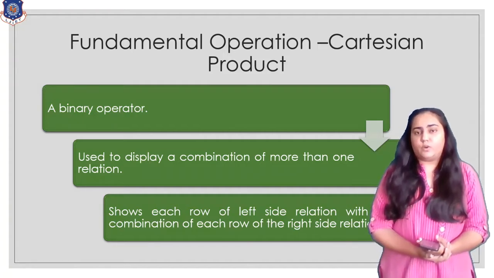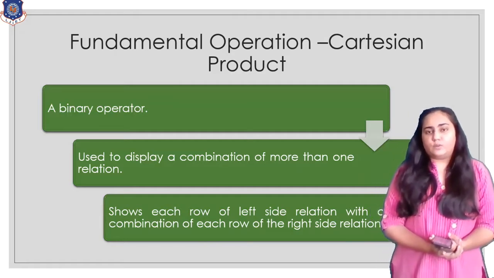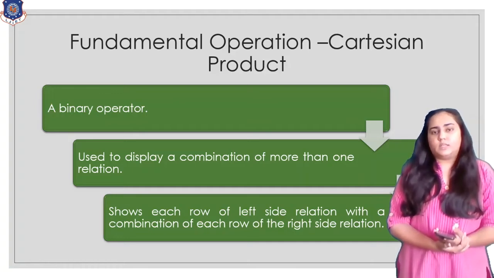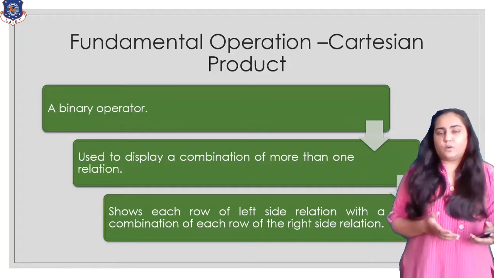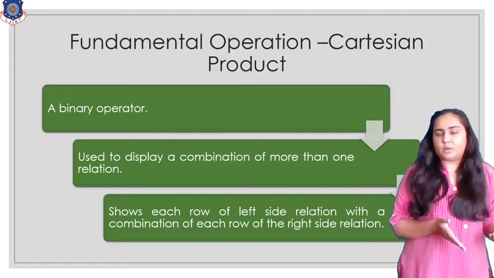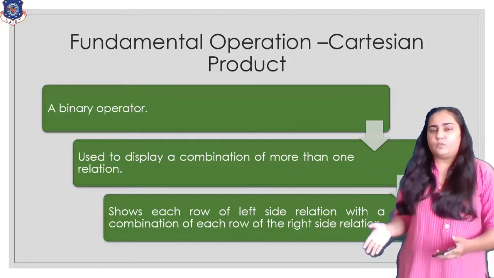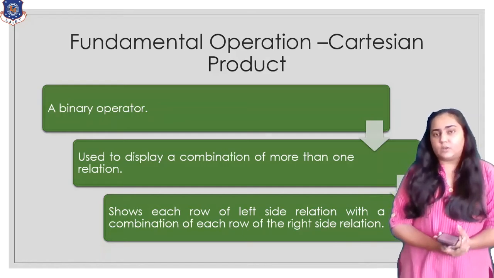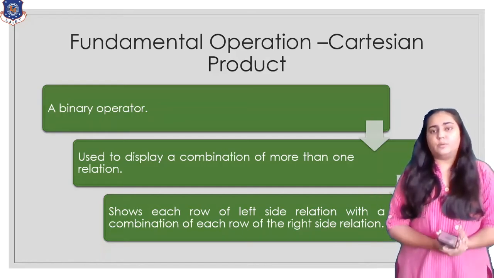So when we require some data that cannot be fetched from just one table, then we use a Cartesian product and combine 2 tables. And here, each row of one table will get combined with all the rows of the second table. That's how the combination works, and you'll understand it better with an example.